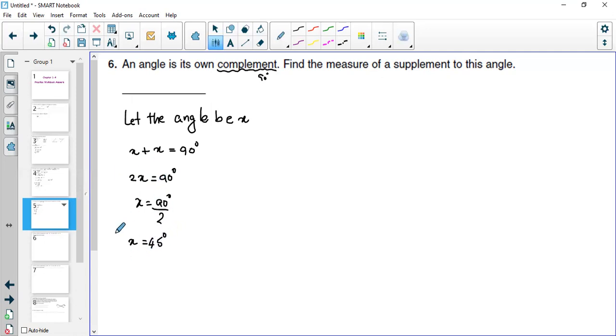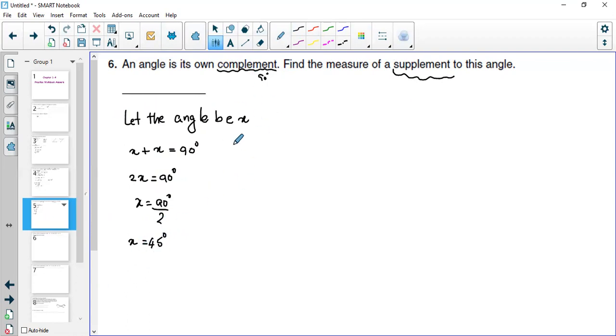Okay, now we found the measure of one angle. This is only one angle. But the question says find the measure of a supplement. First they said it's complement, now they're saying supplement. So using this, an angle is its own complement means when there are two angles, when you add them up, that gives you 90. So to find the measure of those two angles, we found out that it is 45.